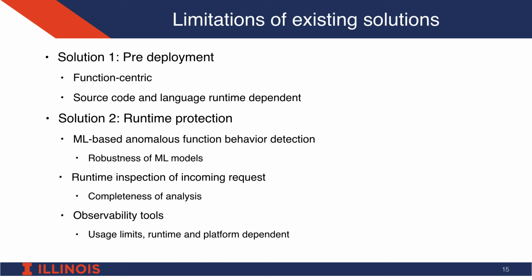These are usually execution tracing techniques, error reporting, alerts, and monitored metrics of function executions, and these mechanisms are provided by the serverless platform itself most of the time. However, existing monitoring techniques offer limited observability into the interactions between functions, and most of these monitoring services are limited by strict usage limits. There are some third party observability tools that offer more features like distributed tracing and cost analysis, but they are limited to certain language runtimes and platforms.